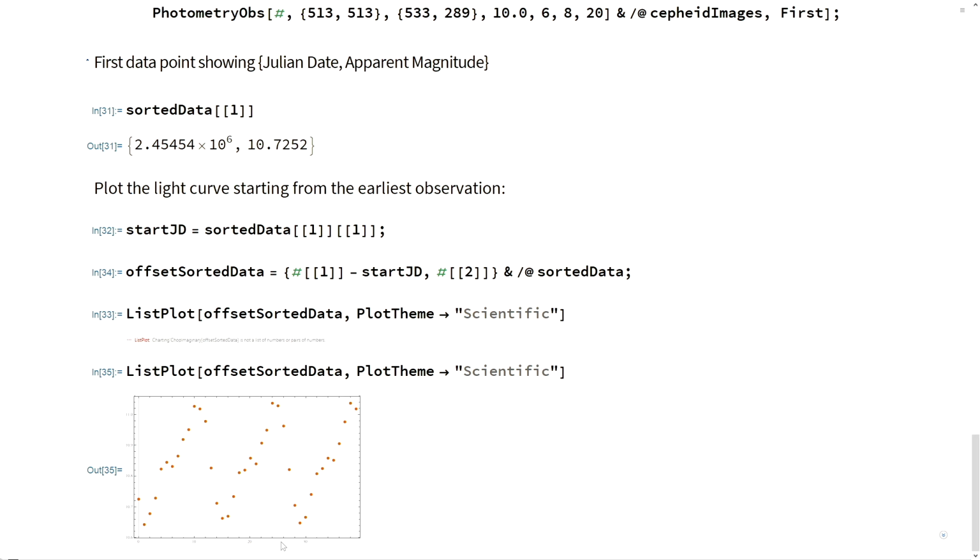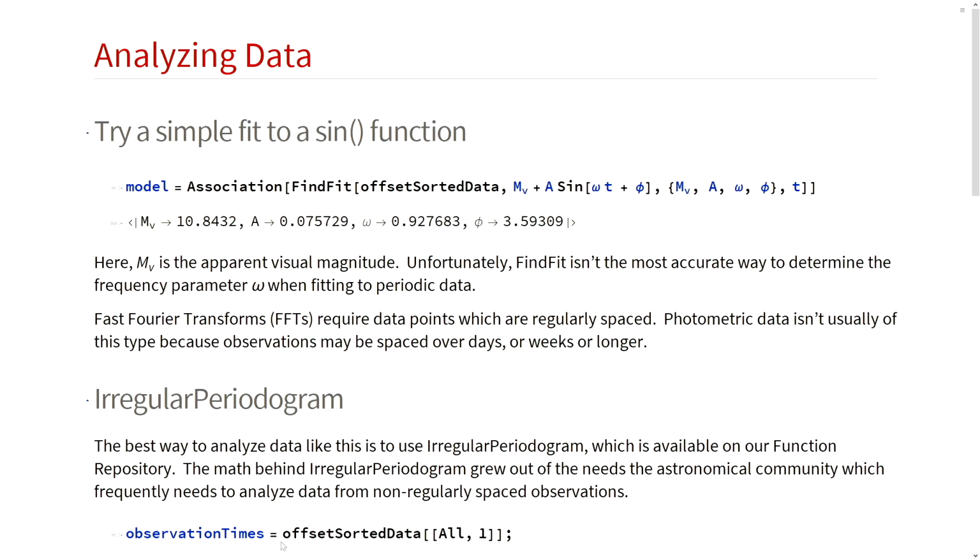Okay, so now we want to find out what the period is, because that's what we're after. There's a couple different ways to do this. The first thing I tried was just using FindFit on the data.